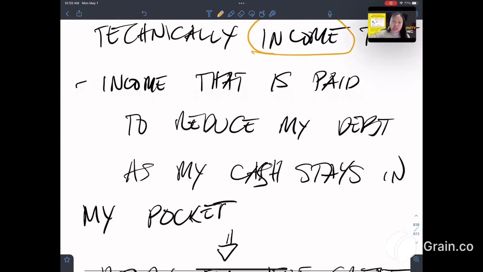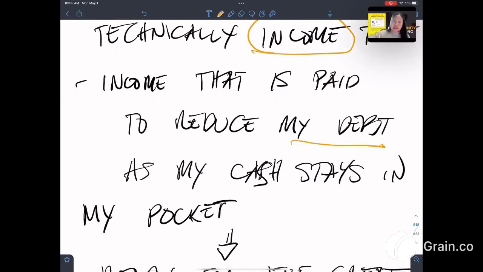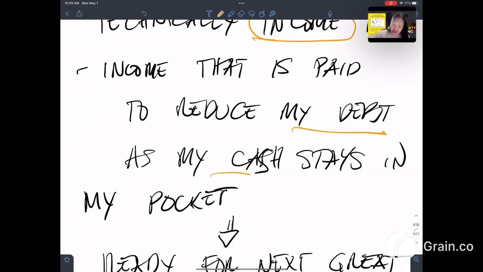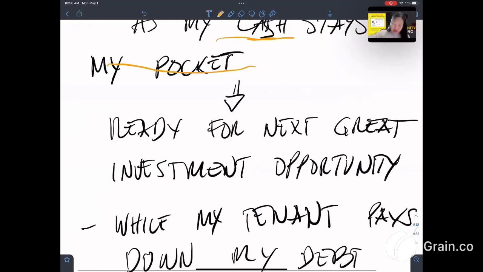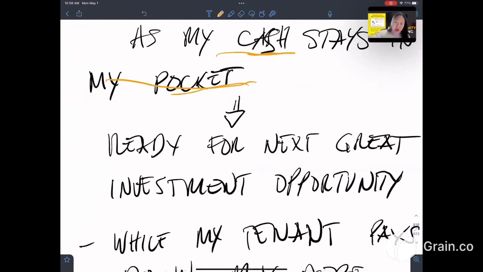Income that is paid to reduce my debt, as much as my cash stays in my pocket. Now, what you do with the cash that stays in your pocket, now you're ready to deploy that money for the next great investment opportunity.